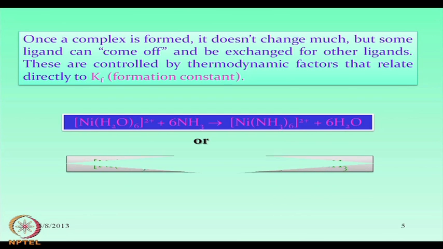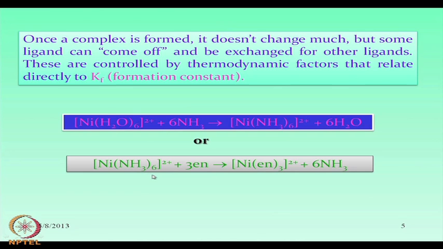Or we can consider that in another way, that we take some other ligand with that of the formed species. That means when the hexaamine nickel 2 ion is formed from the hexaaqua nickel 2 ion, it is further reacting with 3 molecules of ethylene diamine, and ethylene diamine is also nicely substituting all the 6 amine molecules.